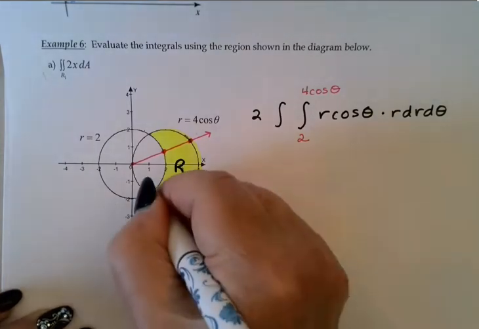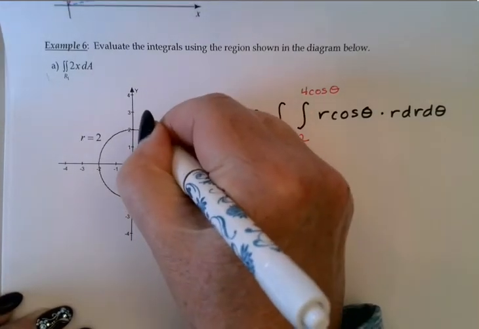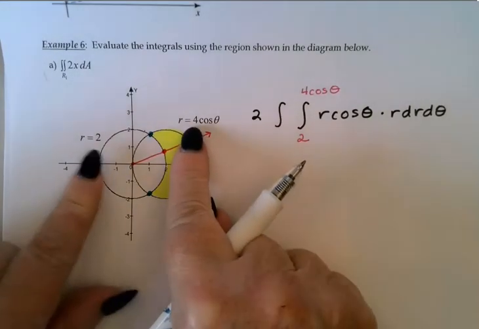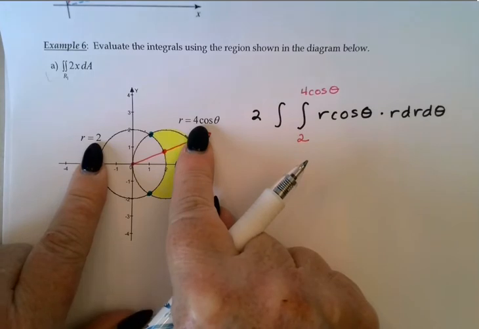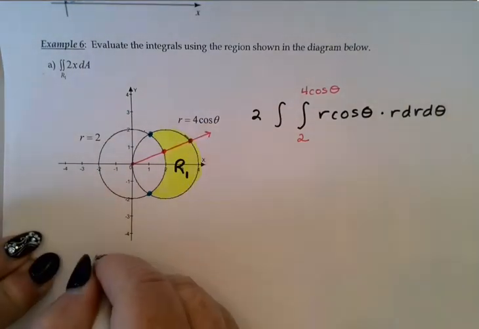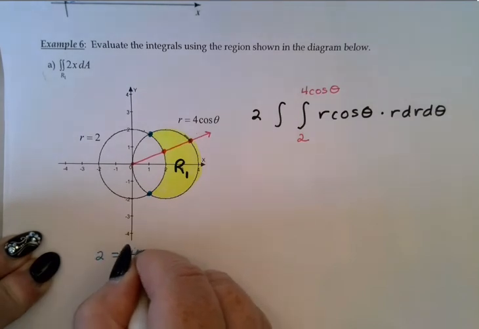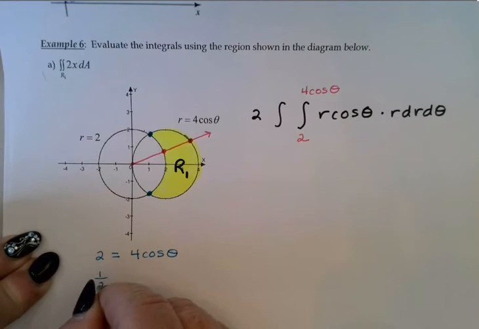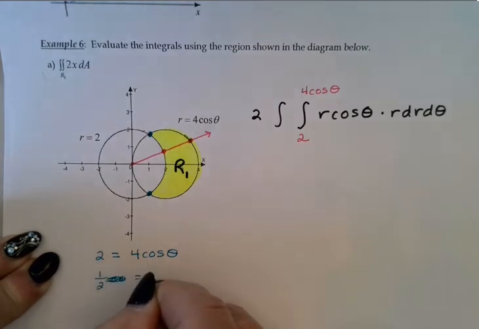For the theta limits, I would need the theta values at those intersection points, and I can get those just by intersecting my 2 curves. As always, we want to set them equal, so set the 2 r values equal. 2 equals 4 cos theta. Dividing by the 4, oops, let's try that again, 1/2 equals cos theta.